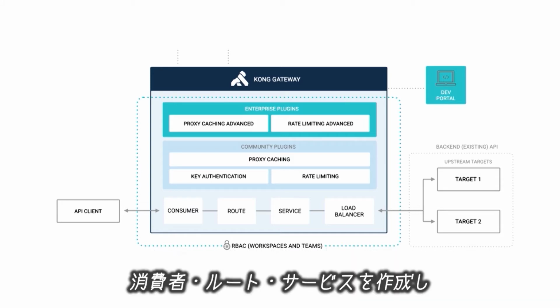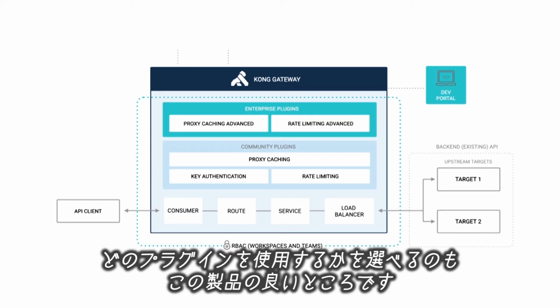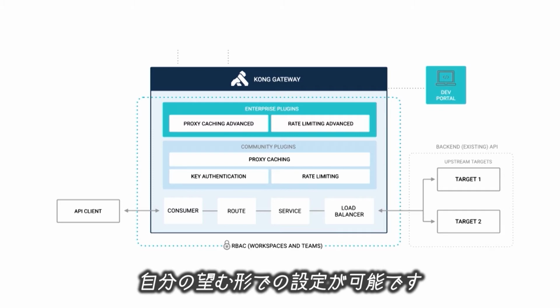It can create consumers, routes, and services, and it can serve as a load balancer to multiple upstream targets. What's really great about this product is that it allows you to choose which plugins to use, so you could configure the server in exactly the way you would like.